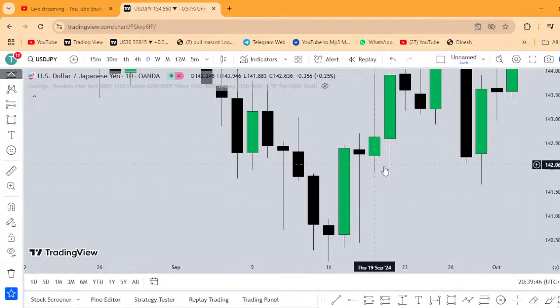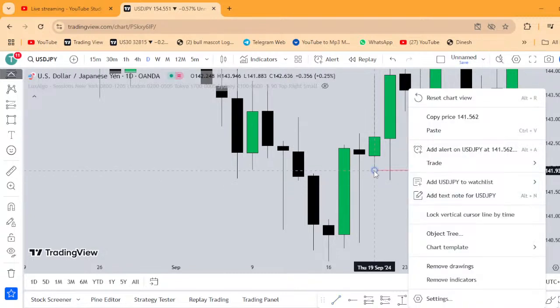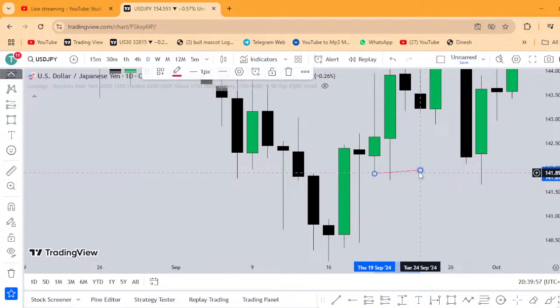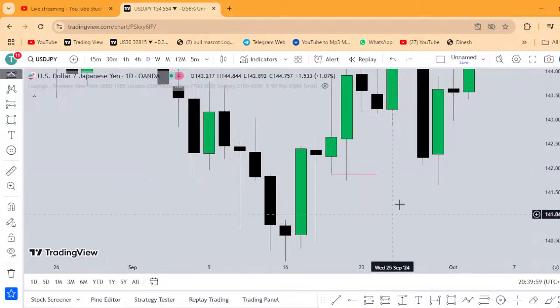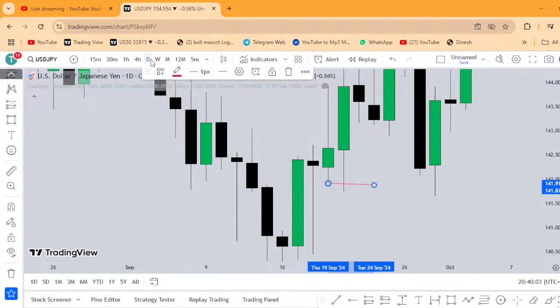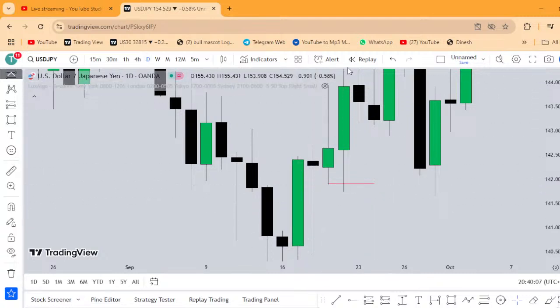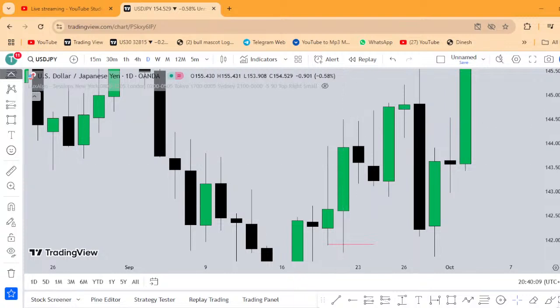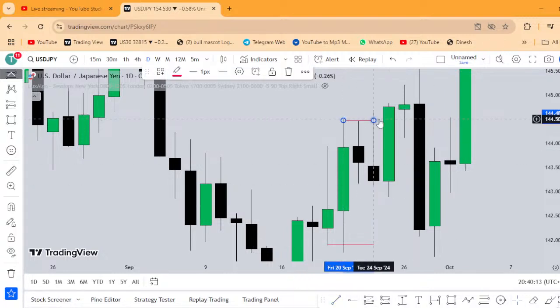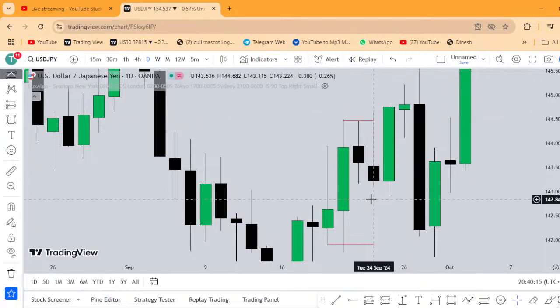Then how did price buy this day? It used liquidity. It tapped this sweep. When it swept this low, this is the previous day's low, and it is in a bullish market, we're in a daily chart, it pushed to the upside, right? So same thing here. When price swept this high, it sold, right?